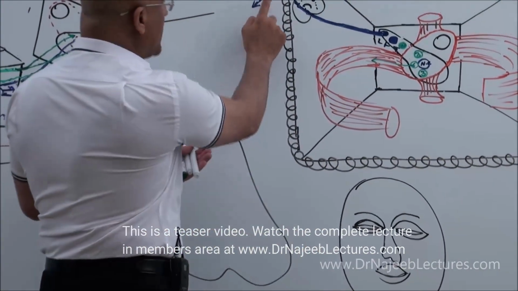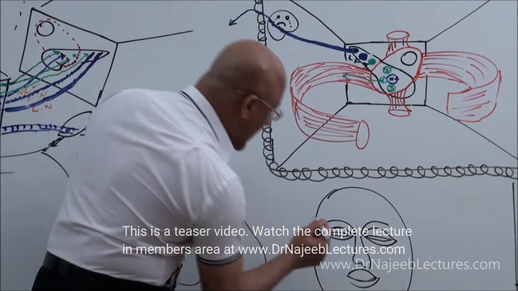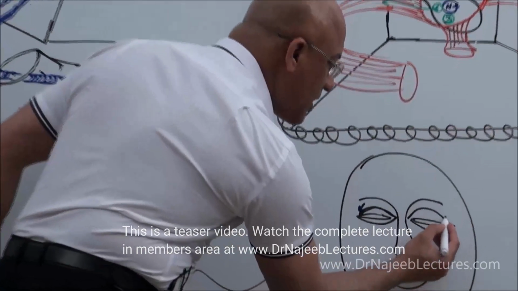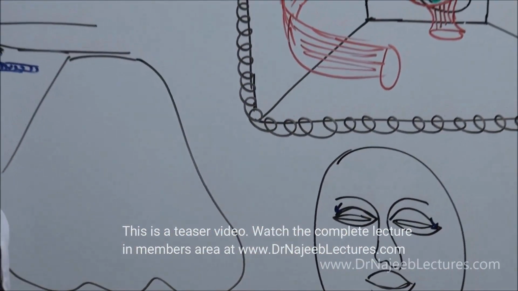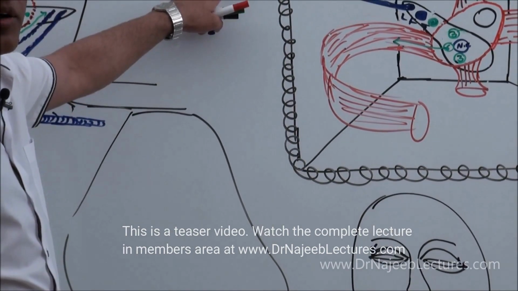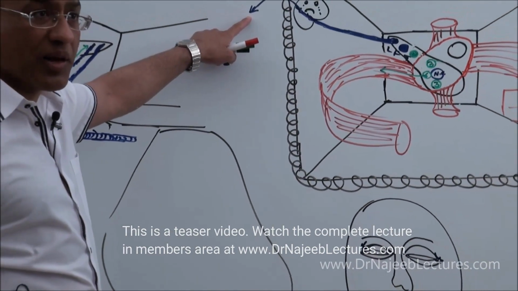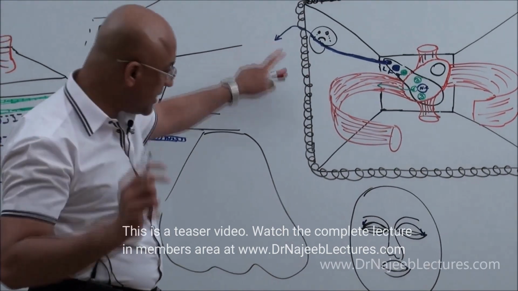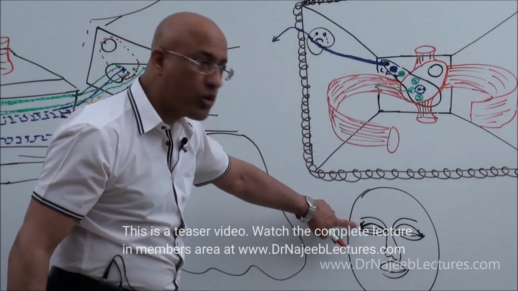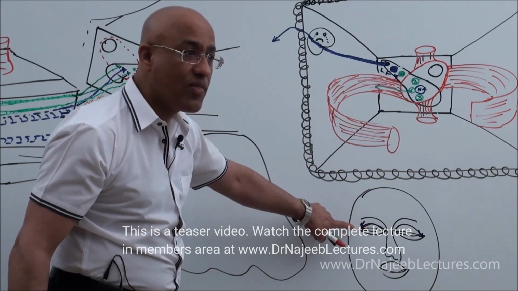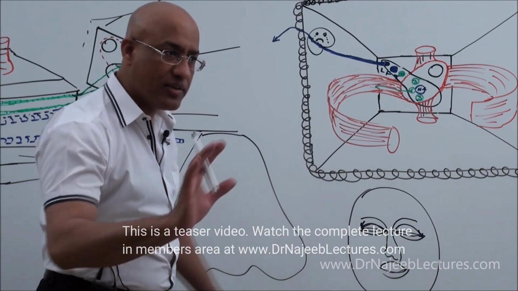Actually, this nerve, where will it appear? Exactly here and here. Is it clear? Yes. So this is the terminal branch of the lacrimal nerve, which is basically the palpebral branch, right? And it supplies the upper outer part of the eyelid and also the underlying conjunctiva. Is it clear?